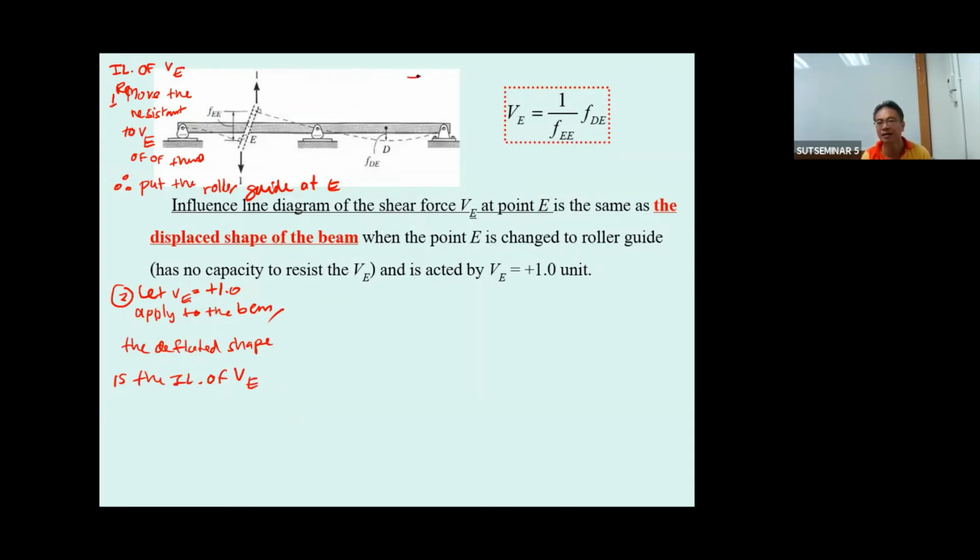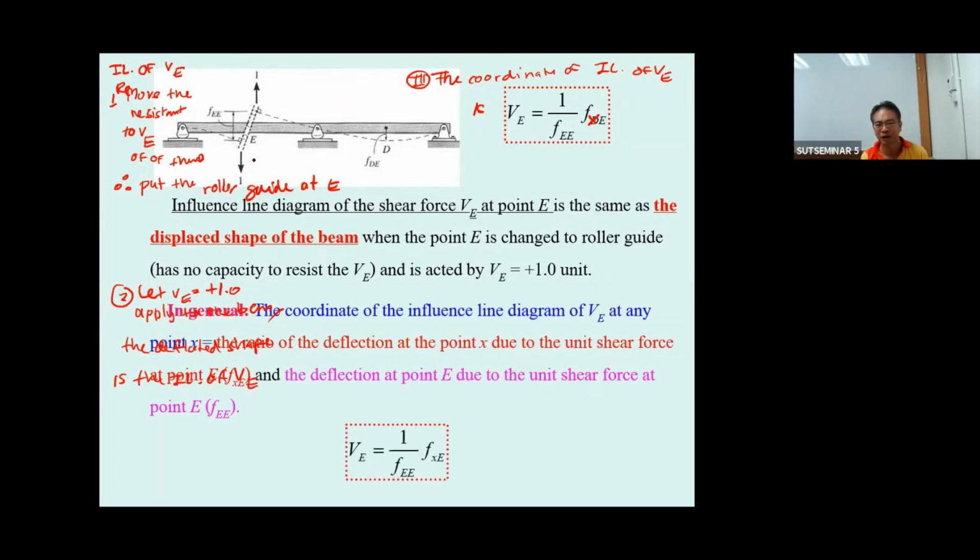The coordinate of the influence line of V sub E is this one. That means you have to check this one to be the x and determine the deflection of this one.